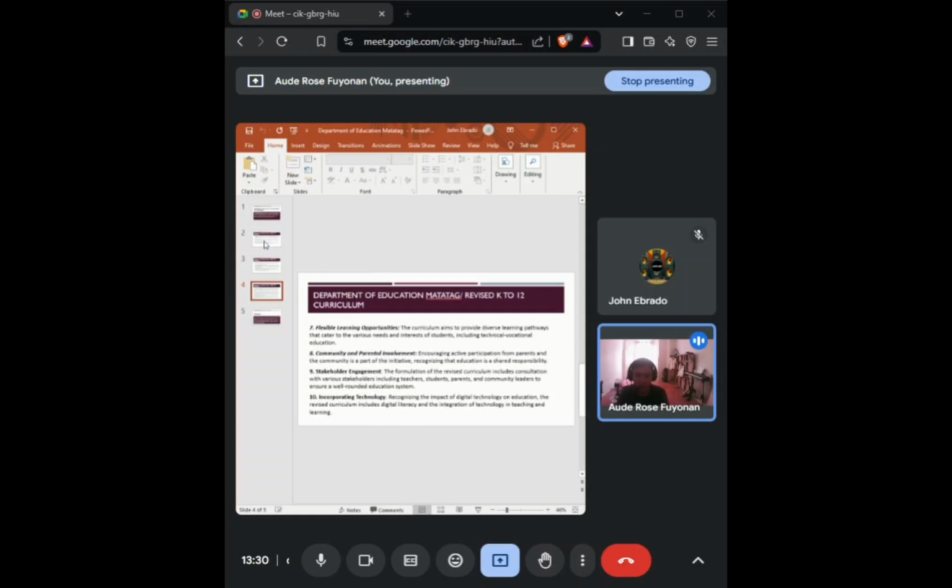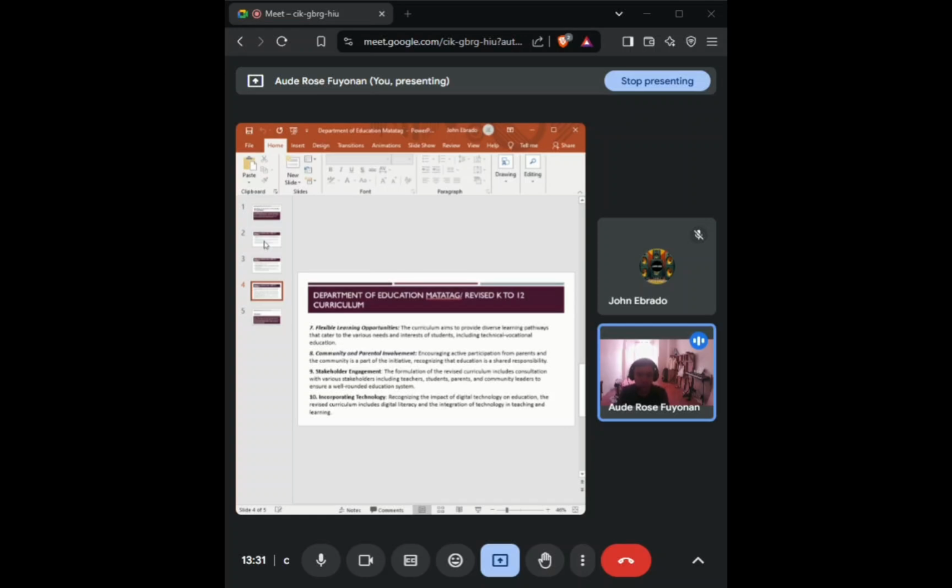Stakeholder engagement, number nine. The revised curriculum includes consultation with various stakeholders including teachers, students, parents or guardians, and community leaders or members to ensure a well-rounded education system. Just like I have explained in number eight, it's also stated the same. However, active participation is also a shared responsibility of not only us or school or anywhere. It is a shared responsibility of the whole community or society.